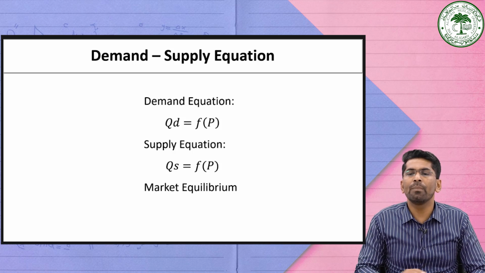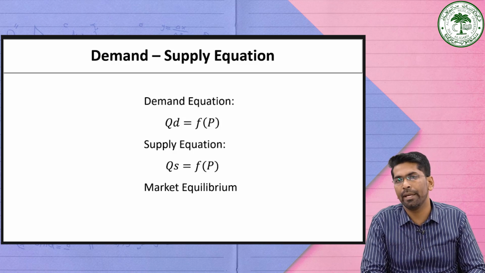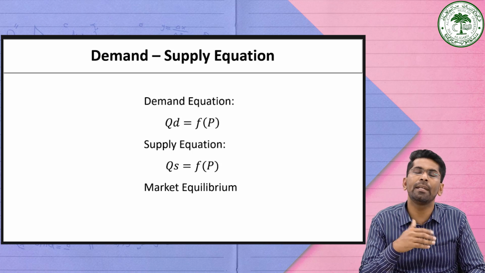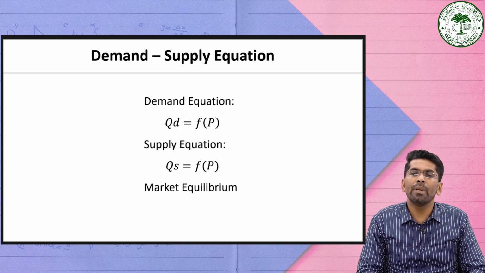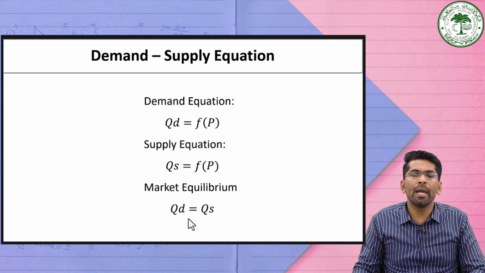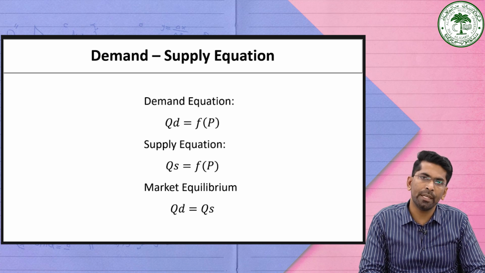The market equilibrium occurs where the quantity demanded is equal to the quantity supplied, which leads to the market clearing prices and quantities. Mathematically, the equilibrium is represented by the point of intersection where QD is equal to QS, and this equilibrium condition determines the equilibrium price and the equilibrium quantity in the market.